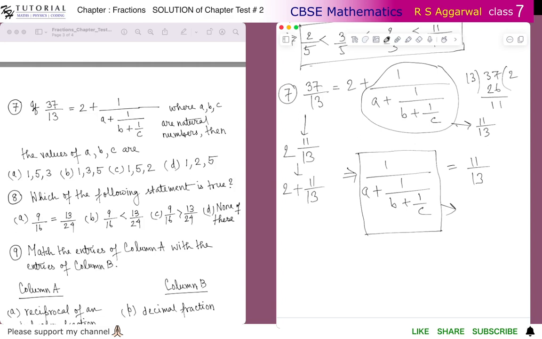I hope you will understand if I say that if I take the reciprocal on both sides, so I have 1 upon a plus 1 upon b plus 1 by c equals 11 by 13. So if I take reciprocals on both sides, I can do this.